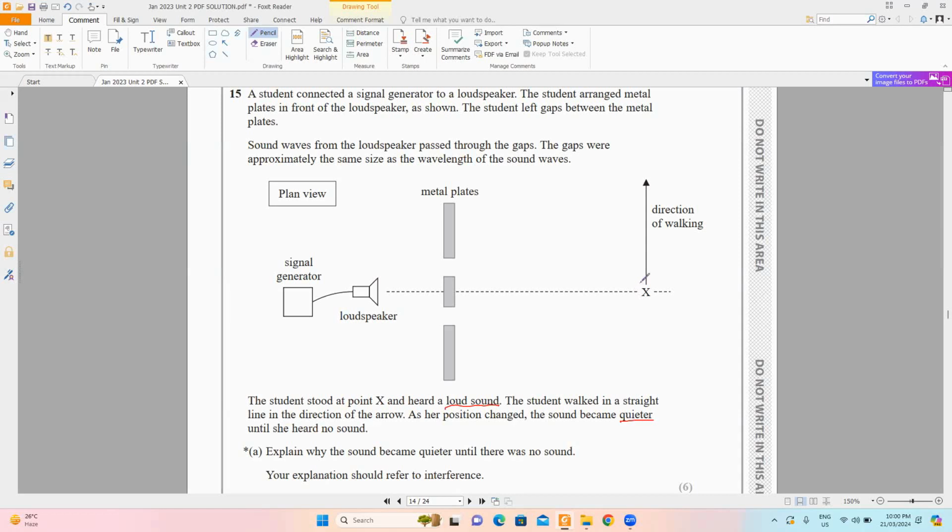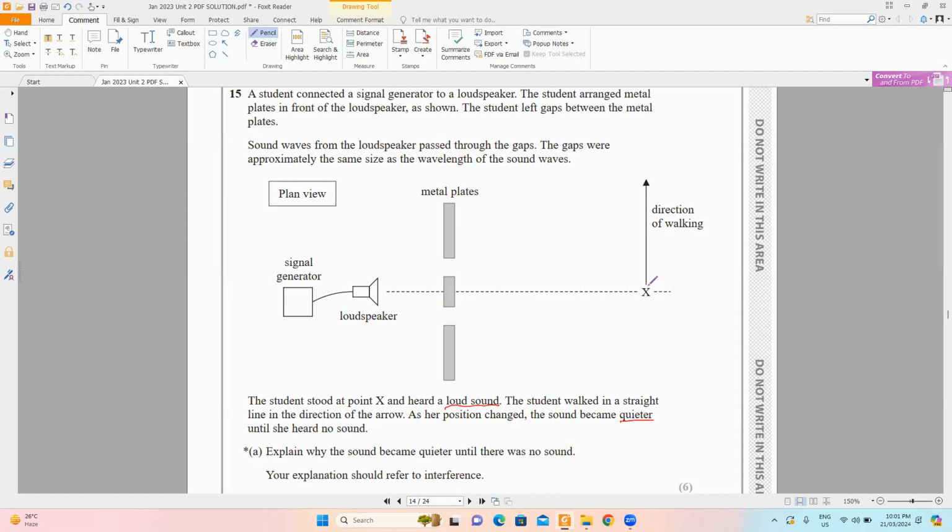When the two waves are in phase. By the way, why were the two waves in phase? Because X was the same distance from both the gaps, and the gaps were acting like two separate sources. So since X was in the middle, the waves had undergone constructive superposition or constructive interference at X.